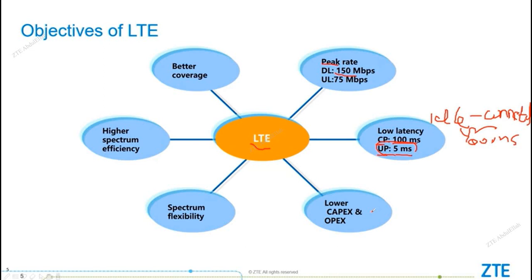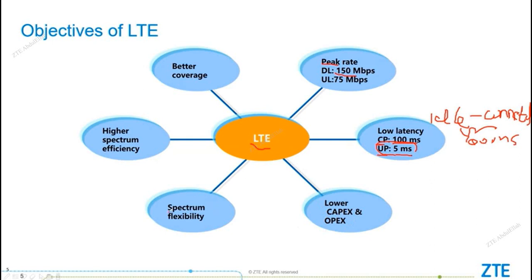We only have the site, not like 2G and 3G, where we have site and base station controller. Of course, we no longer need the base station controller operation, and also we no longer need to buy the base station controller. So the LTE network has a lower capex and opex.